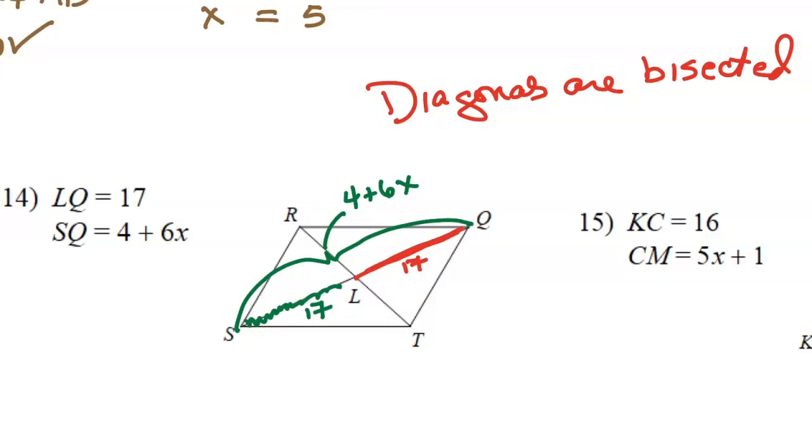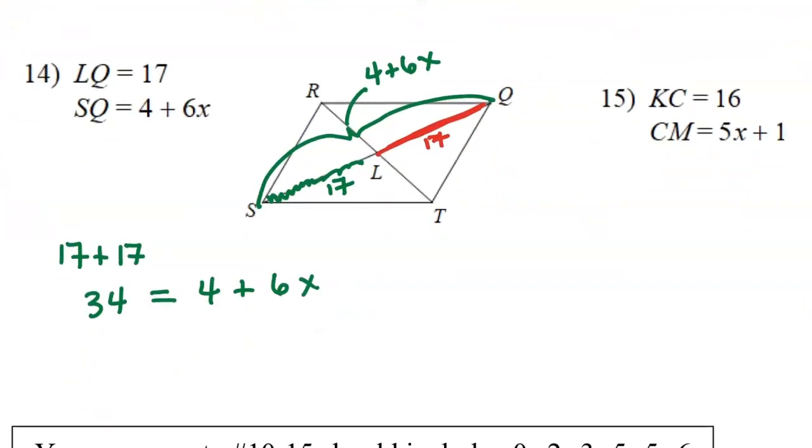So what I can do is add those two together. 17 plus 17 is 34. So that whole piece is 34, and that whole piece is algebraically given to me as 4 plus 6x. Subtract 4, subtract 4, 30 equals 6x.